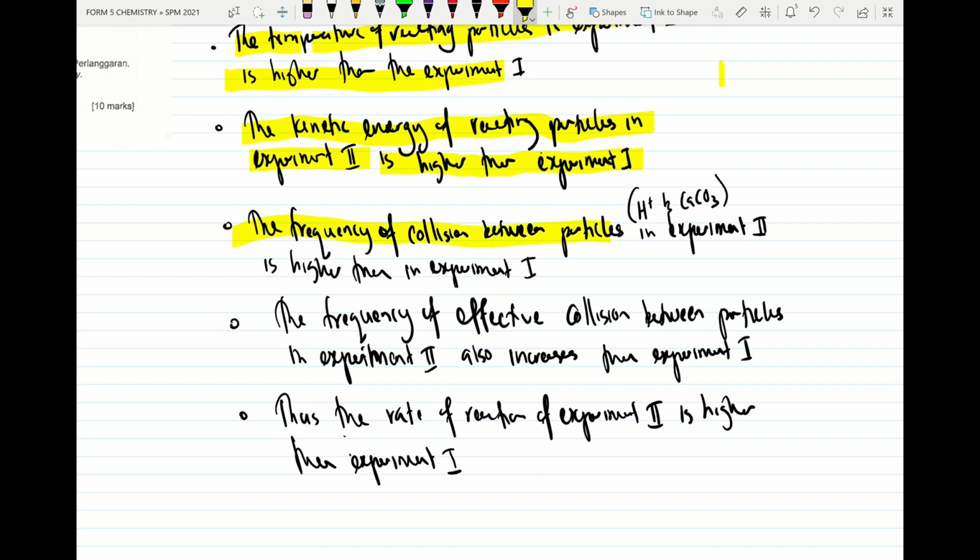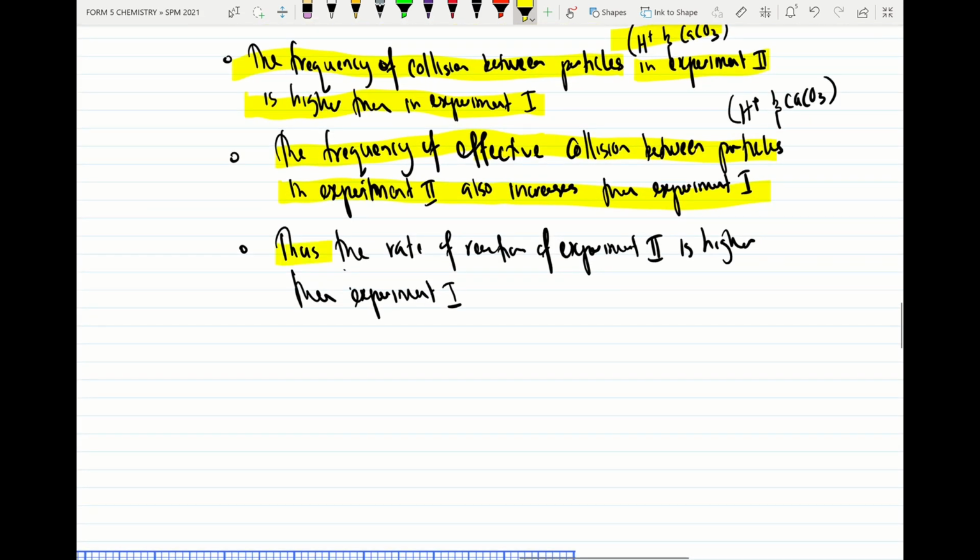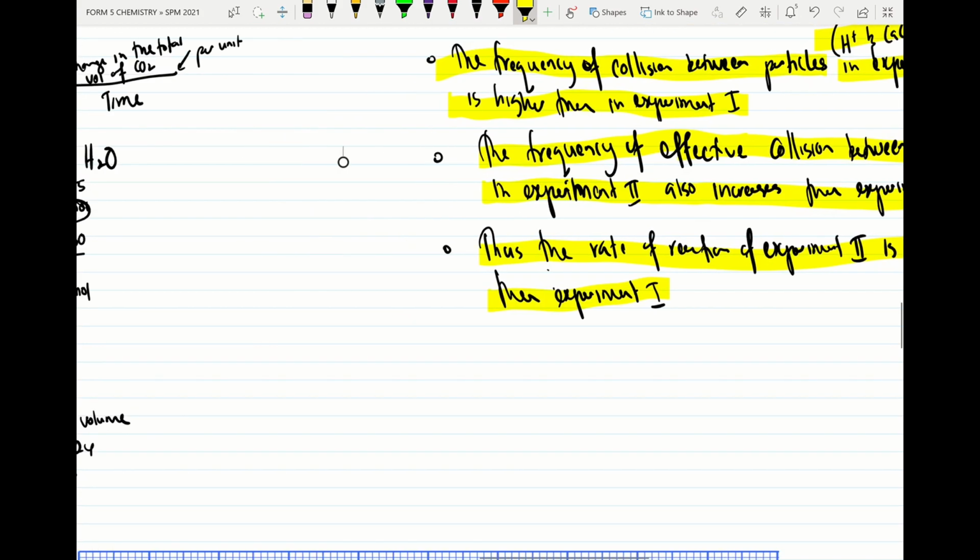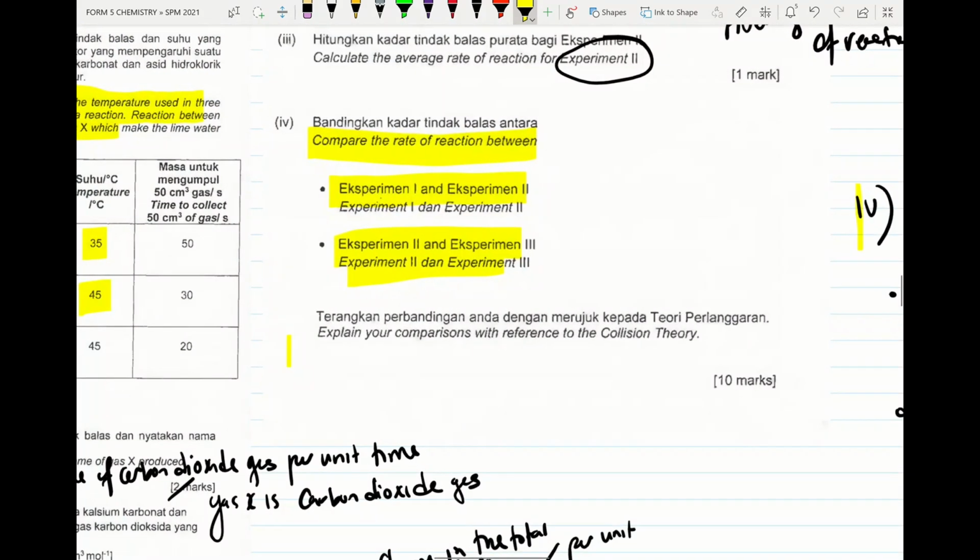The frequency of collision between particles or between hydrogen ion and calcium carbonate in experiment 2 is higher than in experiment 1. The frequency of effective collision between particles or hydrogen ion and calcium carbonate in experiment 2 also increases than experiment 1. Thus, the rate of reaction of experiment 2 is higher than experiment 1. We already tried to answer this question. Now we move on to the next question.